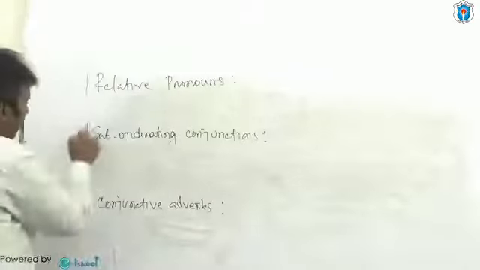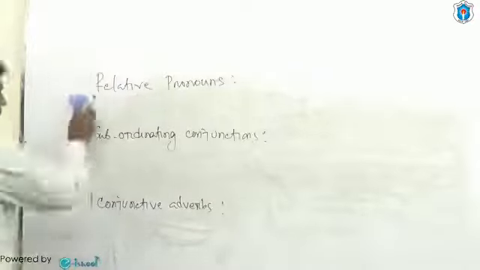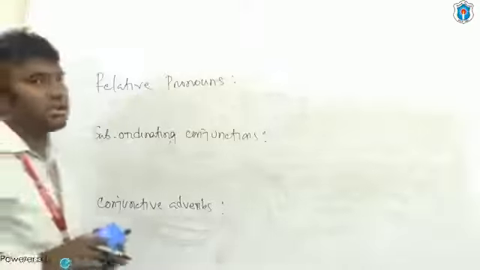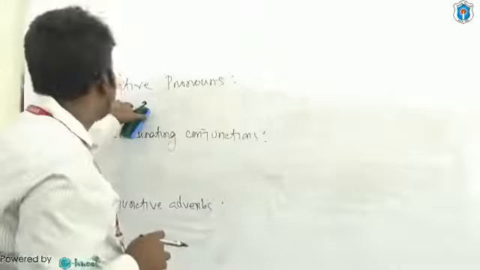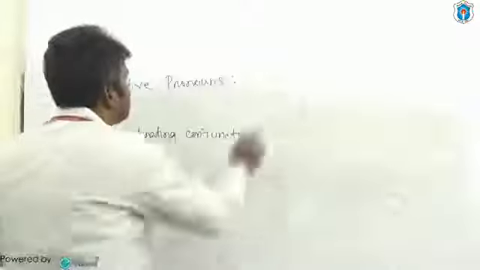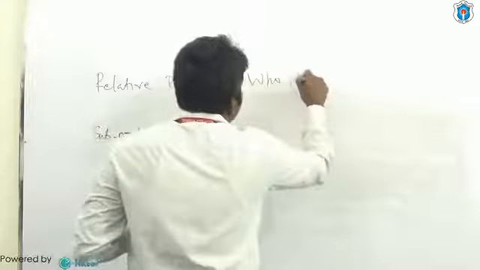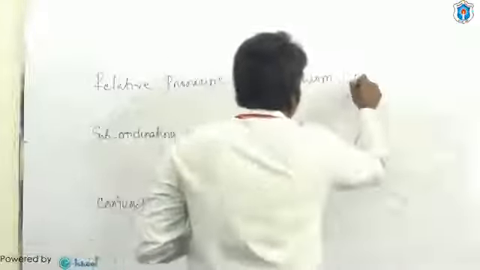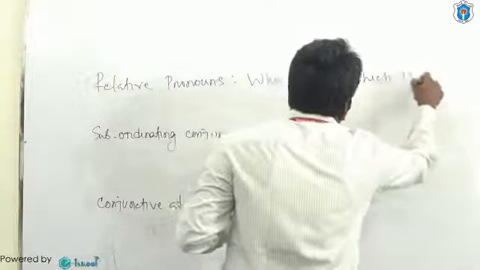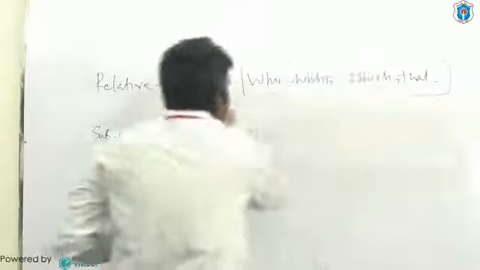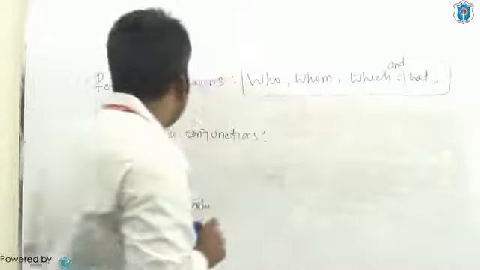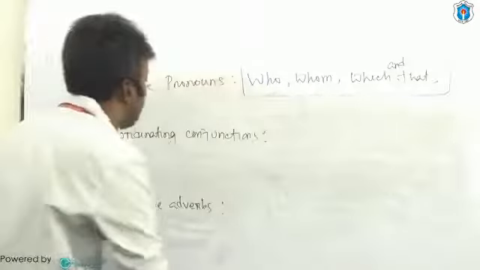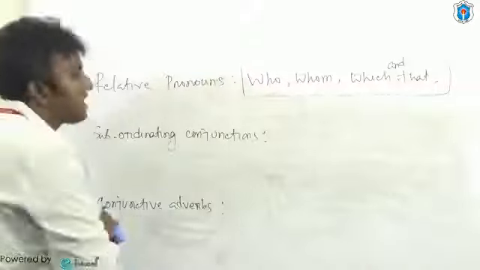These three items help us to construct complex sentences. What are the relative pronouns that are used in complex sentences? Look at who, whom, which, that. These four are frequently used. Then subordinating conjunctions, and then conjunctive adverbs.